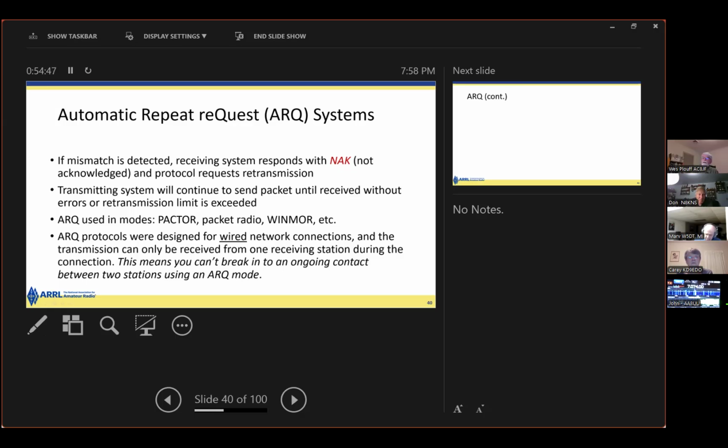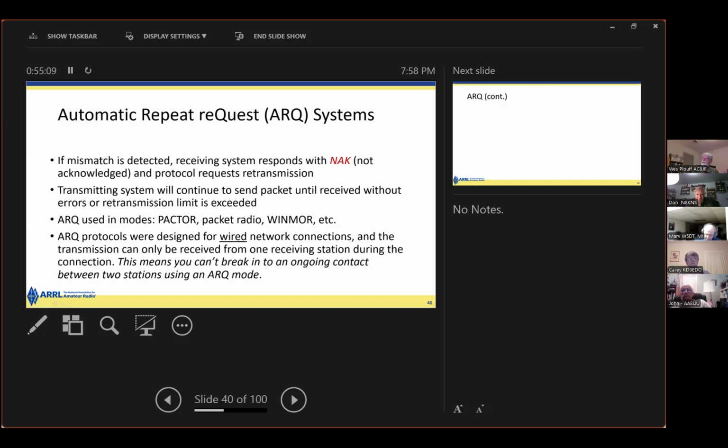what that means is you can't break into an ongoing contact. In a voice contact, yes, you can. But in a packet radio contact, it's basically one to one. So one station contacts another and they have a conversation, and it's just that one to one relationship until they're done, as opposed to a roundtable.